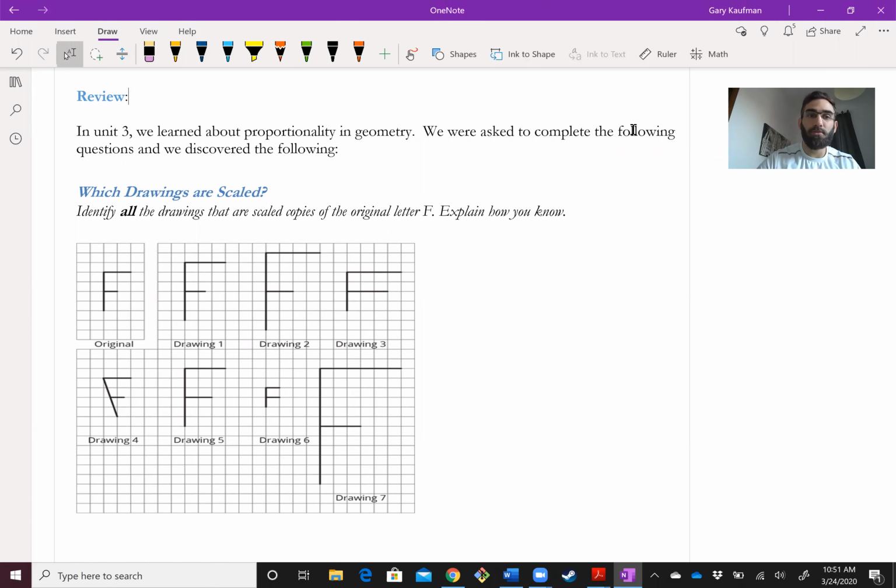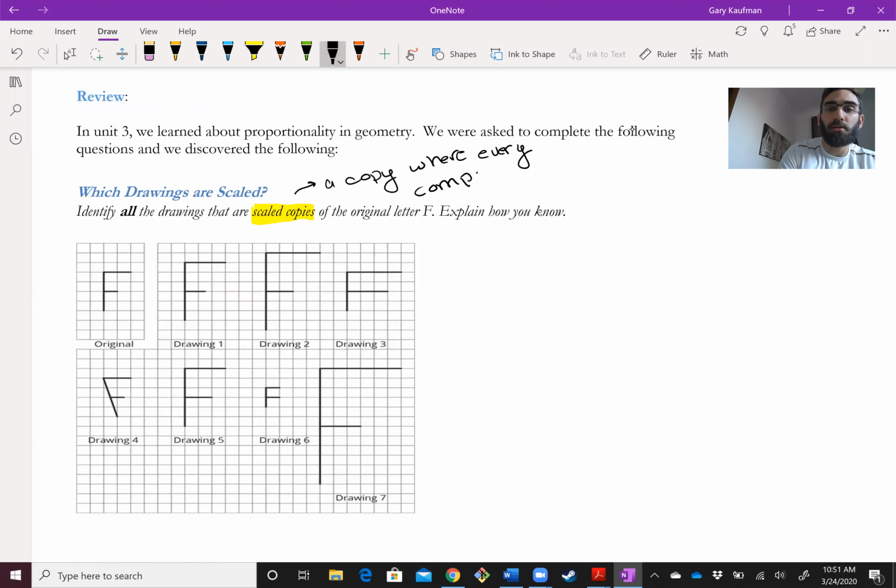You were asked to identify all the drawings that were scaled copies of the original F. Now, if you don't remember what a scaled copy is, it is a copy where every compared length is the same ratio. This goes back to proportional.